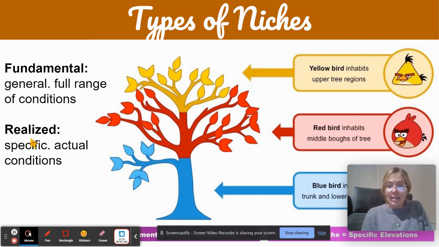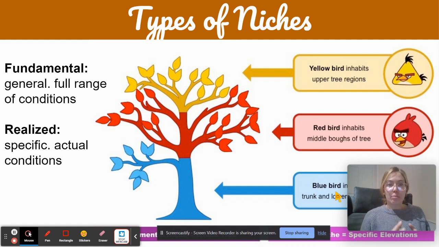In terms of a realized niche, that would say specifically what part of the tree this Angry Bird is in. So these would be actual conditions. So we would then say, okay, well, the yellow Angry Bird tends to inhabit the upper part of the tree. The red bird is typically in the middle, and then the blue bird tends to stay at the trunk or the lower part of the tree. So again, general versus specific.